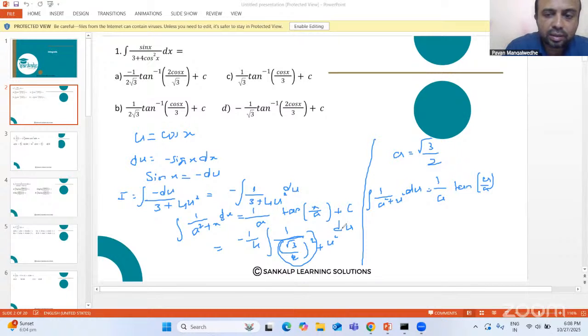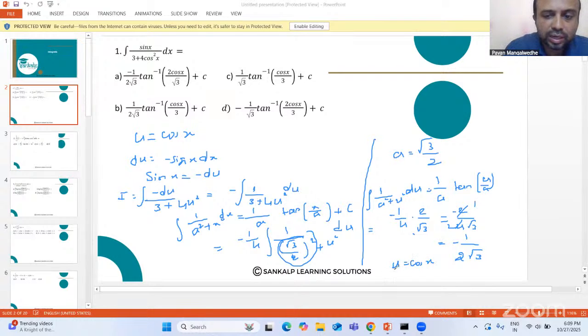So finally, on solving this, minus 1 by 4 into 2 by root 3, which is minus 2 by 4 root 3, and on cancelling 2 and 4, it is minus 1 by 2 root 3. Then on substituting the value of u, you know that u is cos x.